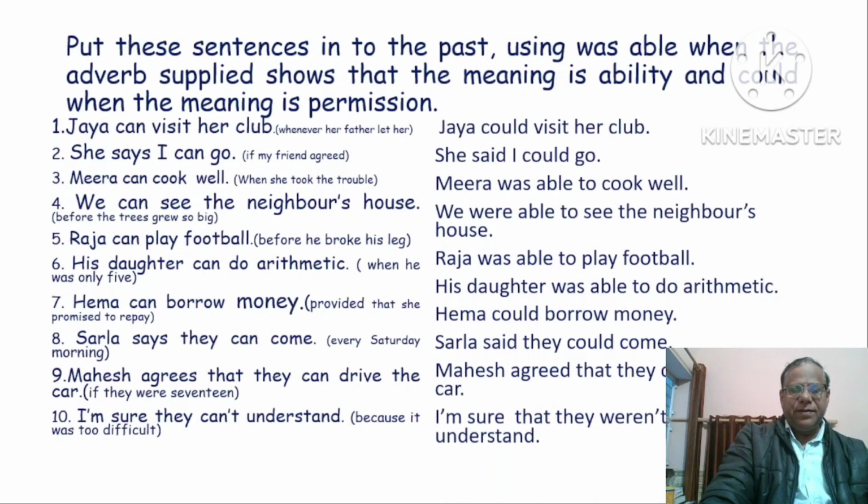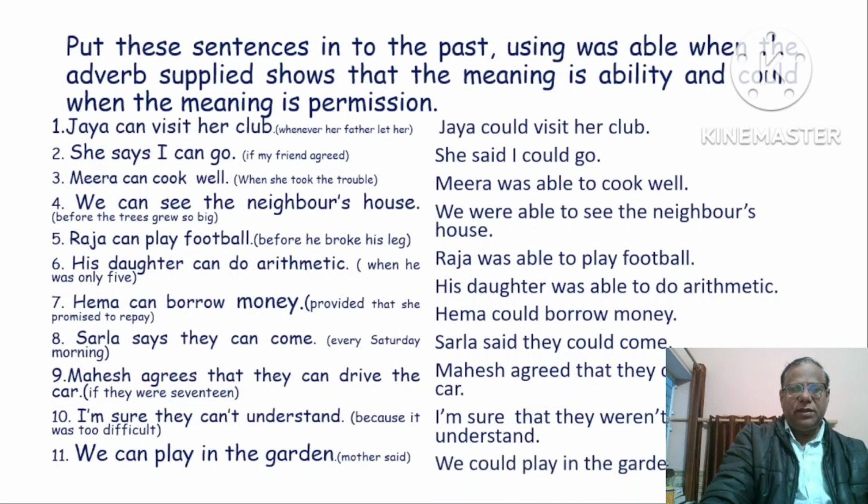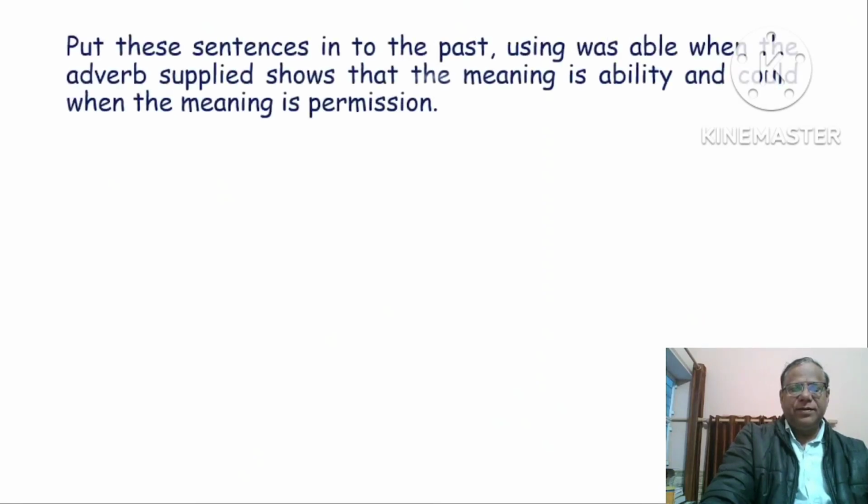So, I'm sure that they weren't able to understand. Next, we can play in the garden, Mother said. And the answer is, we could play in the garden. Some more exercises for you in the same manner. Whenever you are expressing ability, you have to use was or were as the subject requires, and could when we discuss permission.